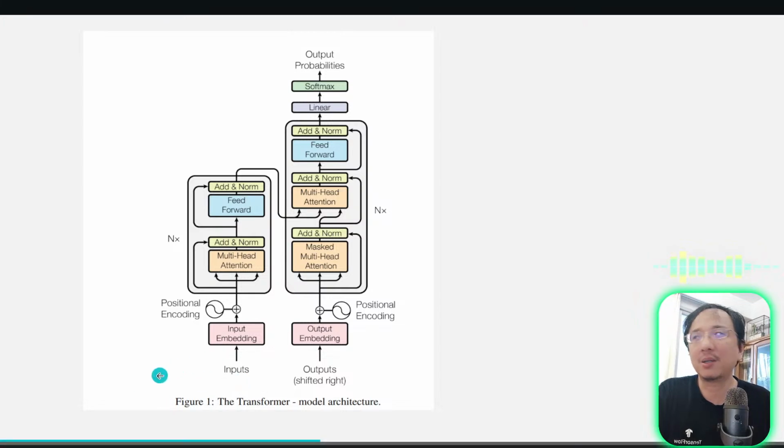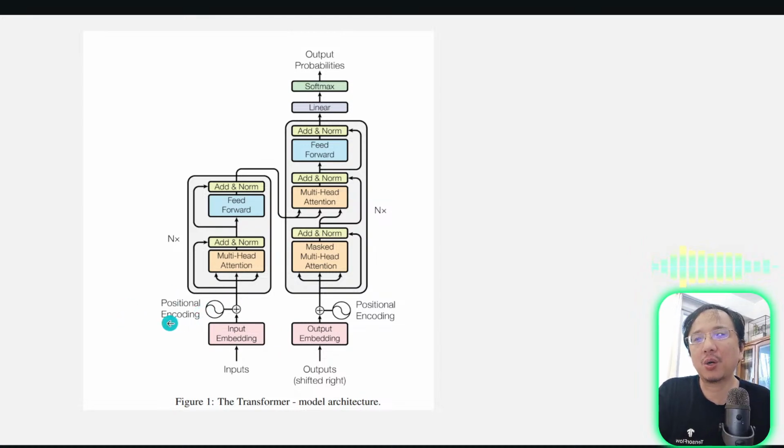所以我们先把语言的句子先变成一堆 token，然后we feed each token into an embedding. So we get the embedding of each token, and we add the positional encoding, literally adding it to the input embedding.